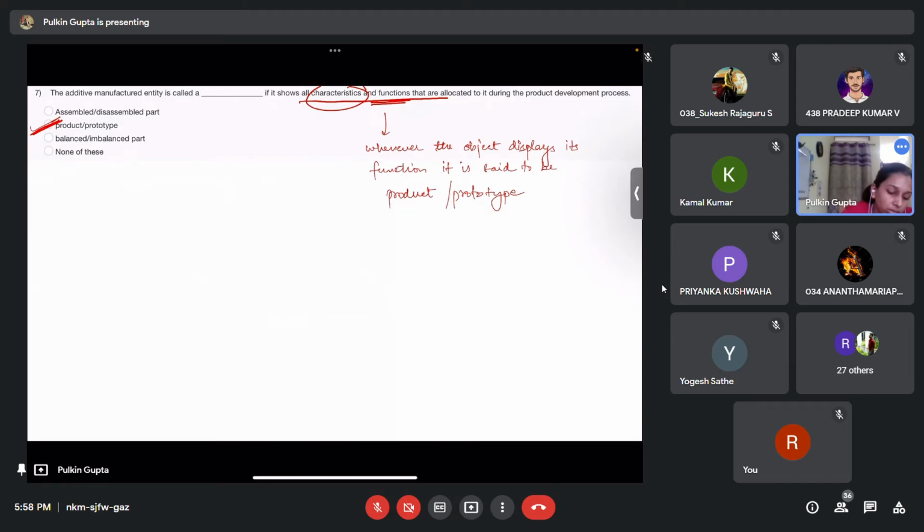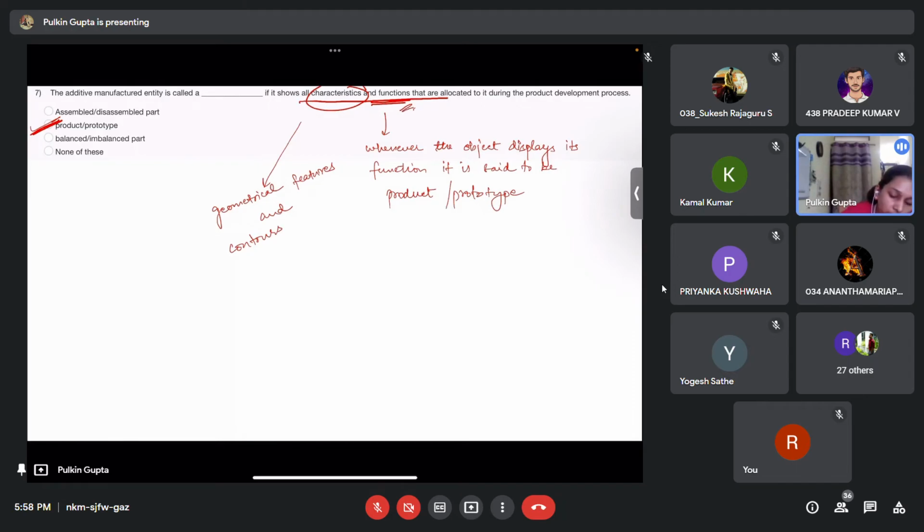All characteristics includes geometrical features and contours, as well as the functions that it needs to exhibit.